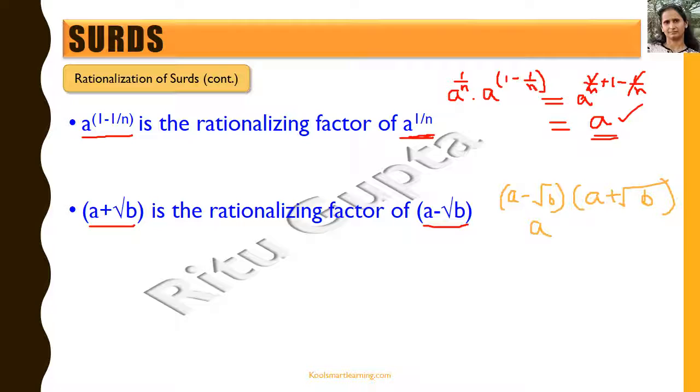So x square in this case is a square, and minus square of root b becomes b. So the result is a square minus b, which is a rational number. So we are saying a minus root b and a plus root b are rationalizing factors of each other, or you could say they're conjugates of each other.